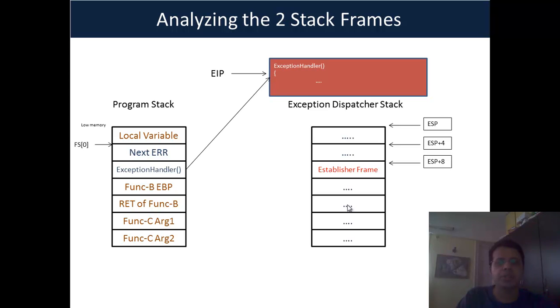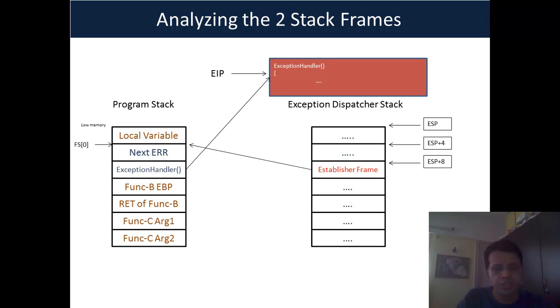What we see is something interesting: the establisher frame is on the stack. Here is the most important part. It is at a fixed offset at ESP plus 8, which means there are just two 4-byte values on the top of the stack, after which we have the establisher frame.